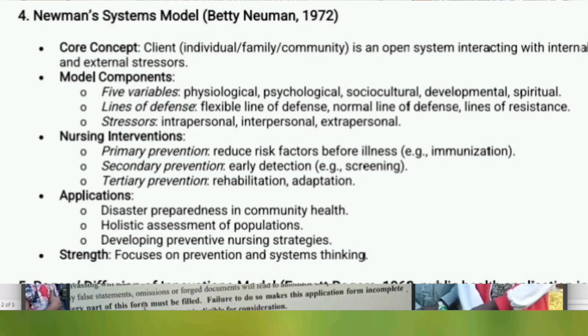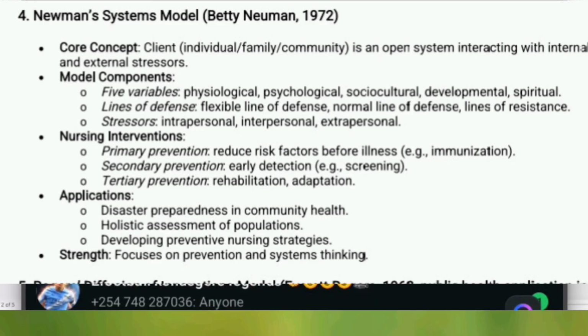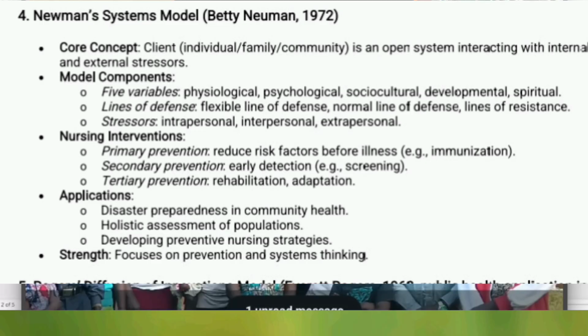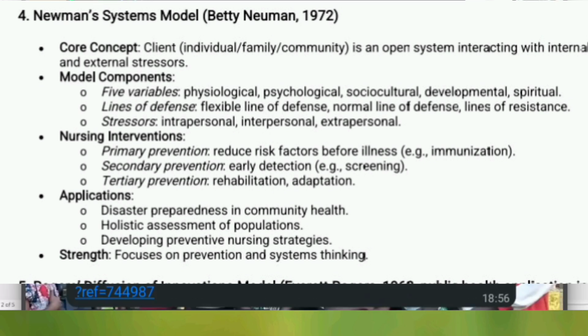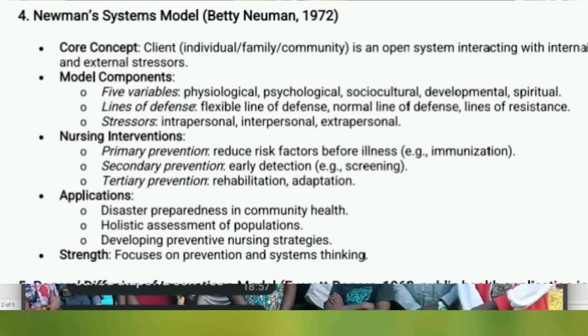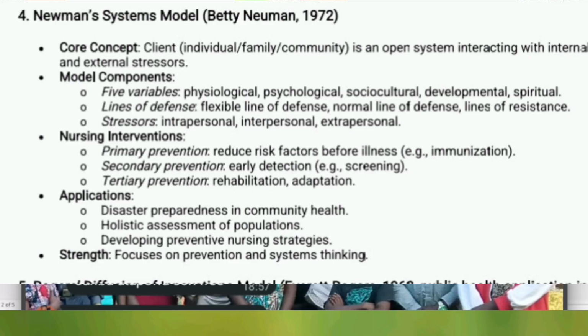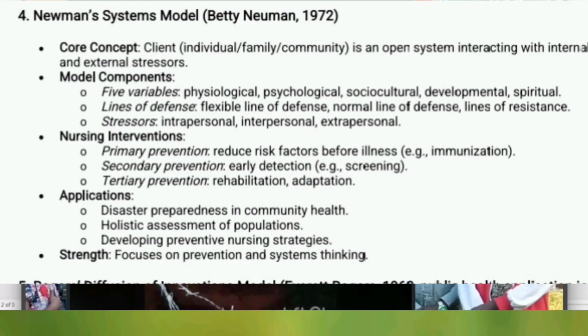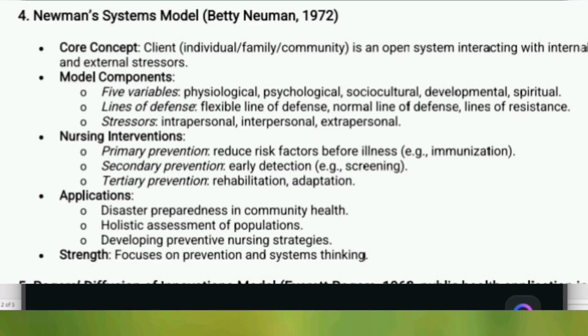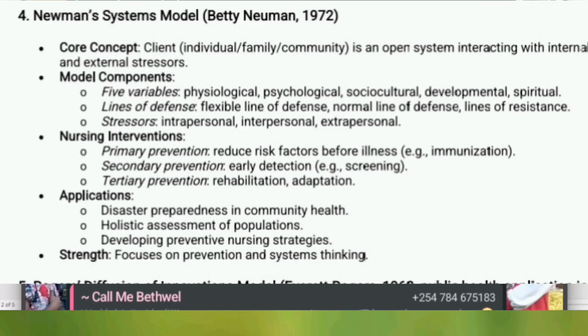So this particular model was basically talking about the paradigm of an individual in relation to defense. We are talking of the internal defense and the external defense. But as much as we have the external defense, we have some factors, and these factors we normally refer to as stressors.